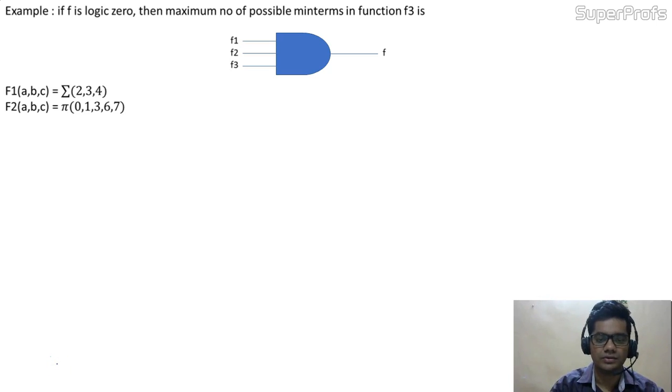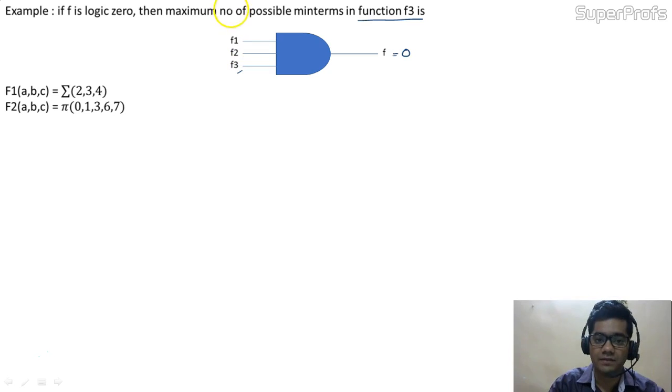Now we are going to see one example related to the AND gate and OR gate. So we can read this example. If a function f is logic 0, it means the output of function f is 0, then the maximum number of possible minterms in the function f3 is, we have been asked the number of possible minterms of f3.